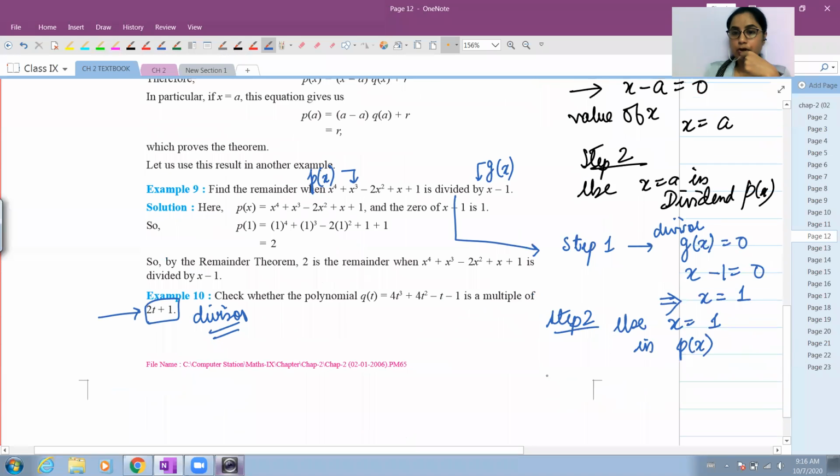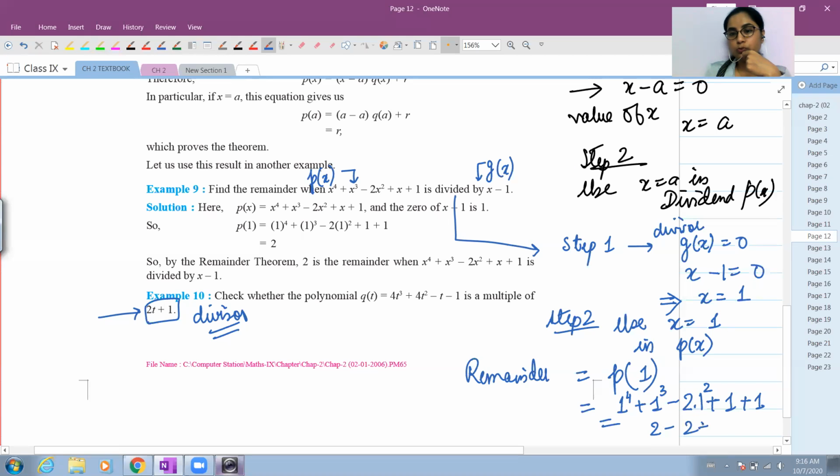The dividend is p(x), so by the remainder theorem, the remainder will be equal to p(1). Let's substitute: 1 raised to the power 4 plus 1 raised to the power 3 minus 2 into 1 squared plus 1 plus 1. Then you can simplify. This will be 2 minus 2 plus 2, and the answer is 2.